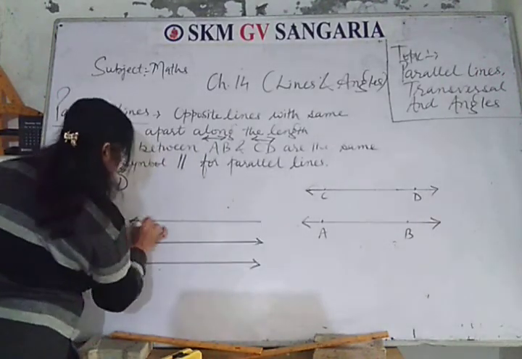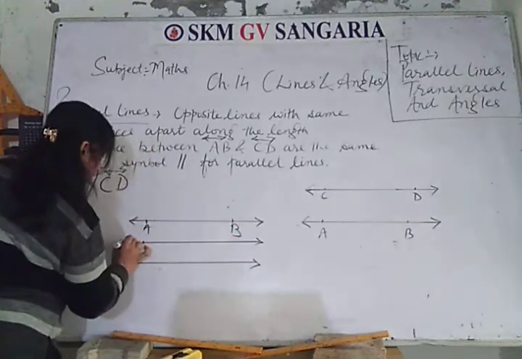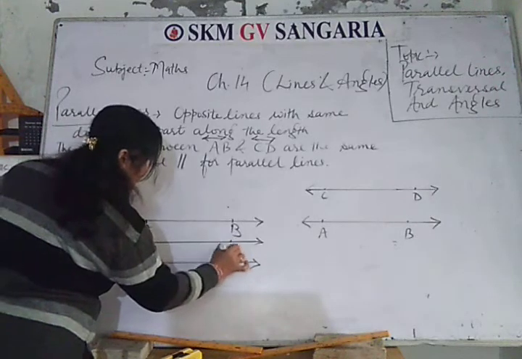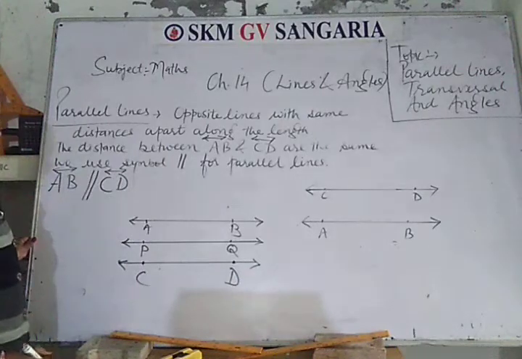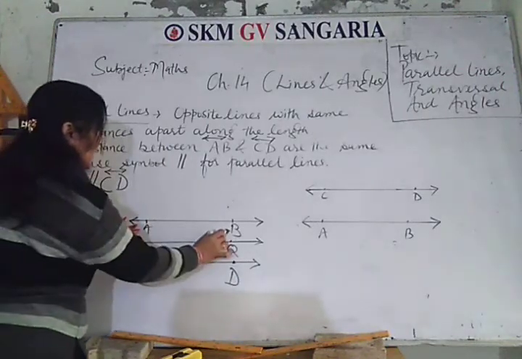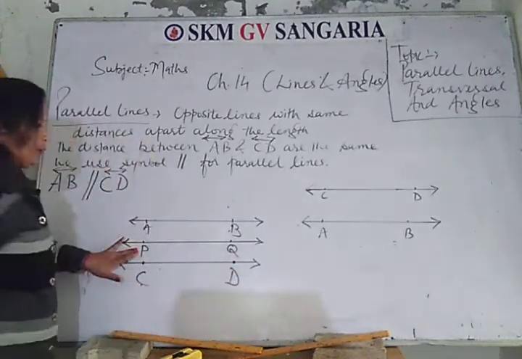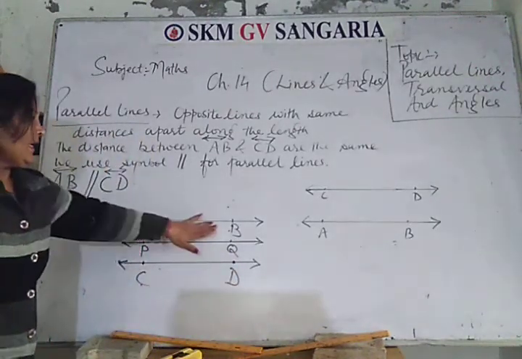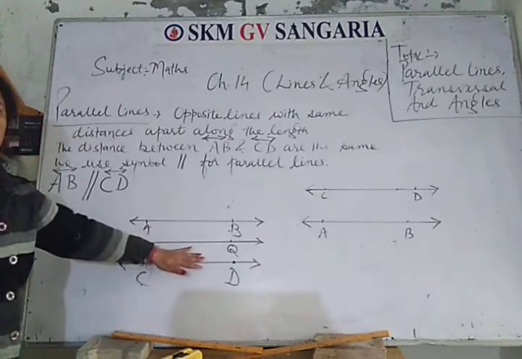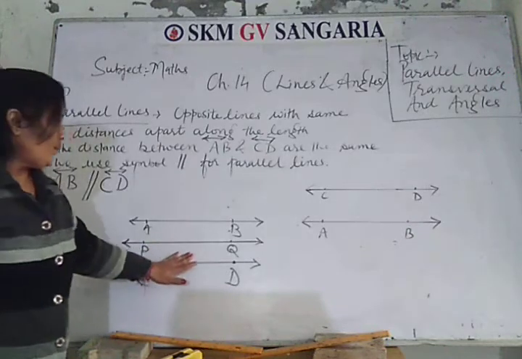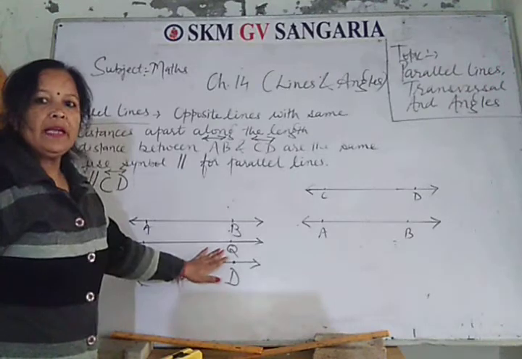This is AB, this is PQ, and this is CD. We can say that AB and CD are both parallel to line PQ.